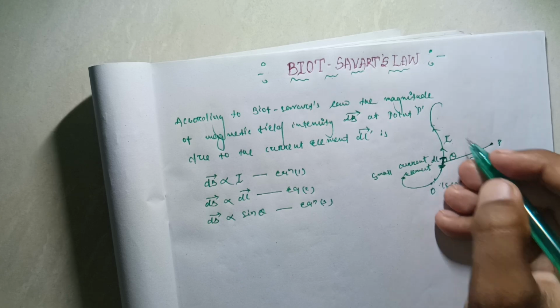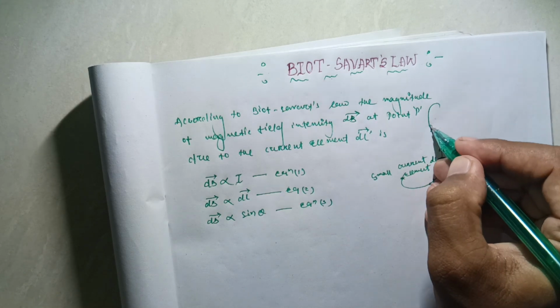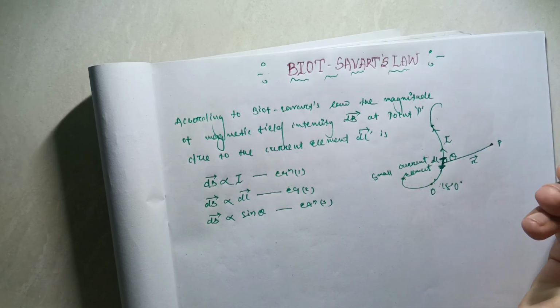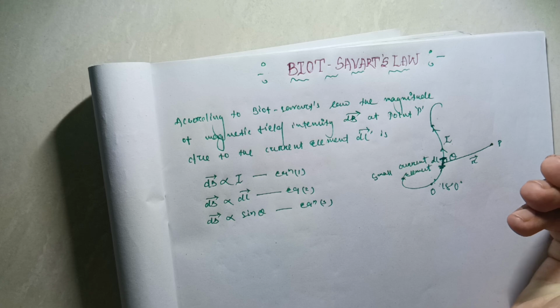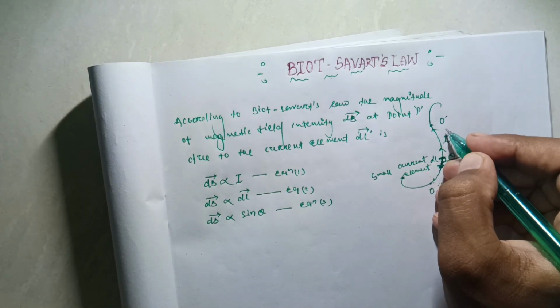And if we consider the point P on the other side, the magnetic field intensity is also 0 at 0 degrees.